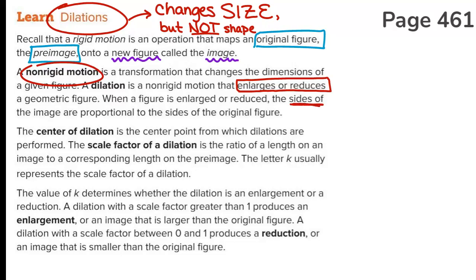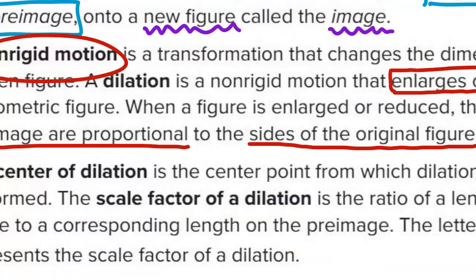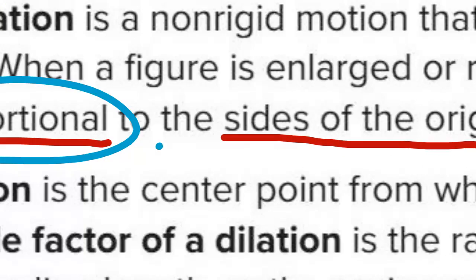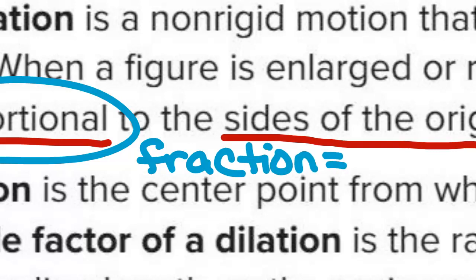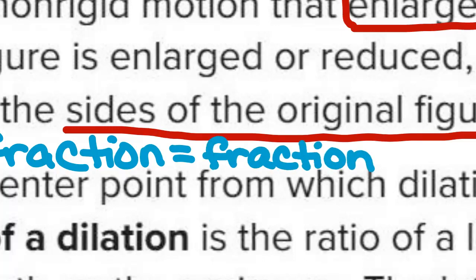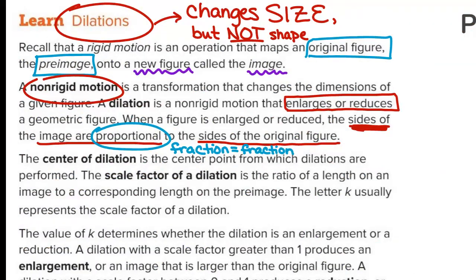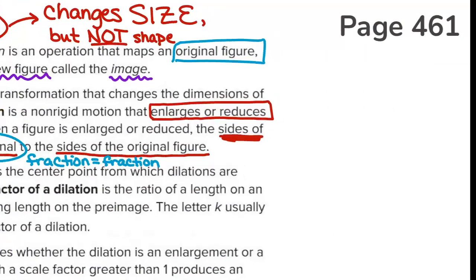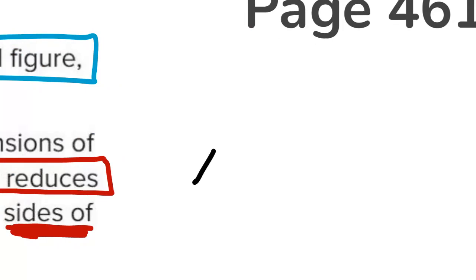The sides of the image are proportional to the sides of the original figure. When I say proportional, I mean that we're going to have a fraction equal to another fraction. So I want to kind of draw what that's saying there.